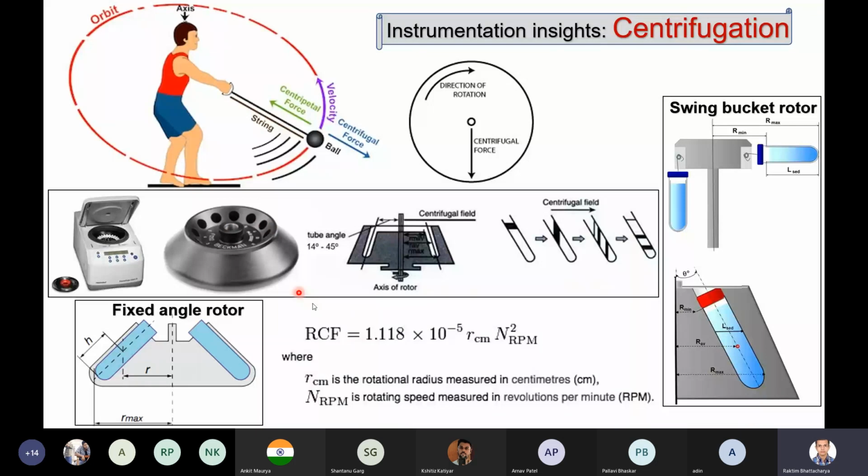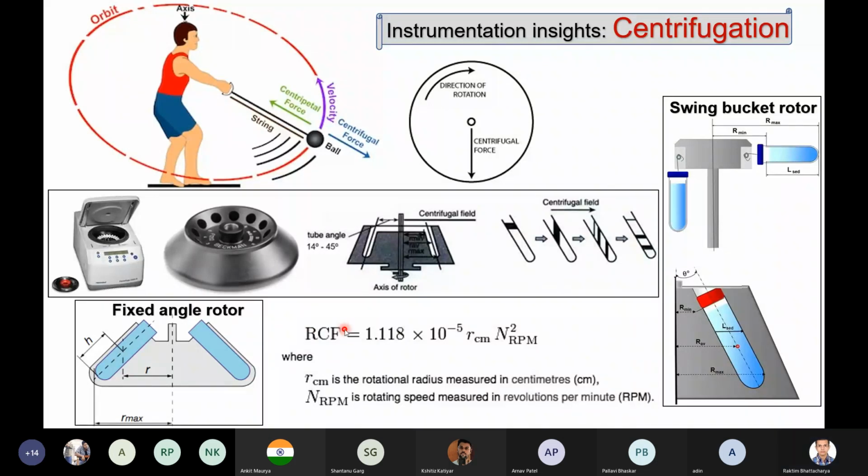If the diameter becomes large, the centrifugal force changes. And this R, with the suffix centimeter, is the diameter of the rotor. So this is why the term relative came. Whatever value is coming is relative to that particular machine only. That's why the term relative. Okay, so this is the basic of centrifugation.